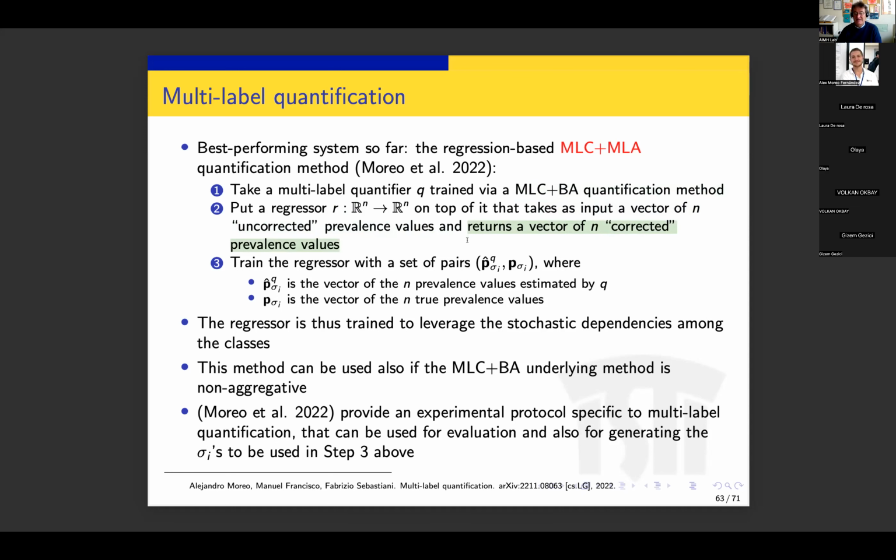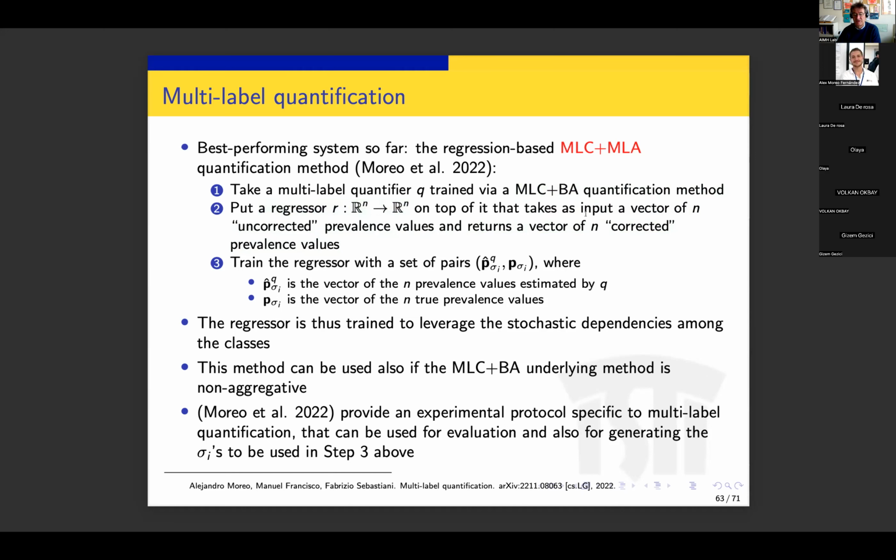The idea here is that while this quantification method BA didn't take into account the stochastic correlations between the classes, we put on top of it a regressor that does take these correlations into consideration.